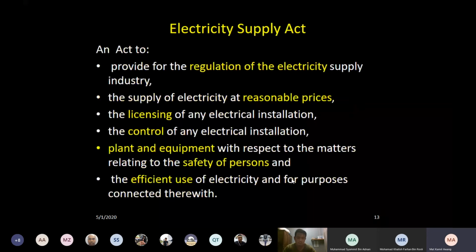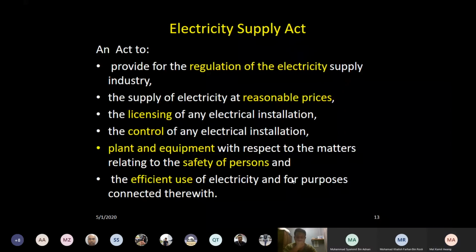Basically, the act provides for the regulation of the electricity supply industry, the supply of electricity at a reasonable price, the licensing of any electrical installation, the control of any electrical installation, plant and equipment with respect to matters relating to the safety of persons, and the efficient use of electricity and for purposes connected therewith. The part of interest for engineers is the safety of plant and equipment with respect to matters relating to the safety of persons, and the efficient use of electricity.